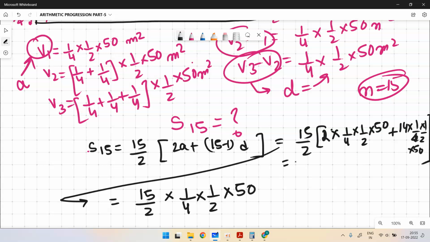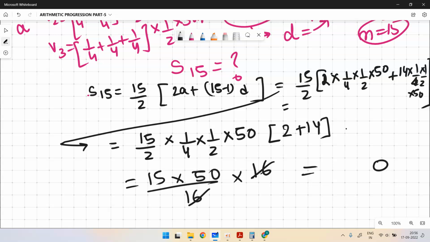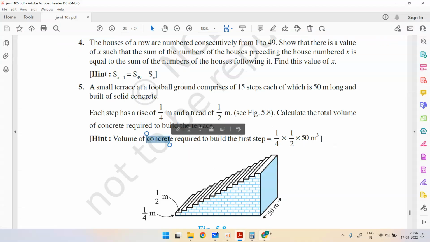So this will be equal to 15 by 2 into 16 into 1/4 into 1/2 into 50. This gets cancelled, and this is nothing but 750 meter cube. Everything in meter, so 750 meter cube of concrete is required.